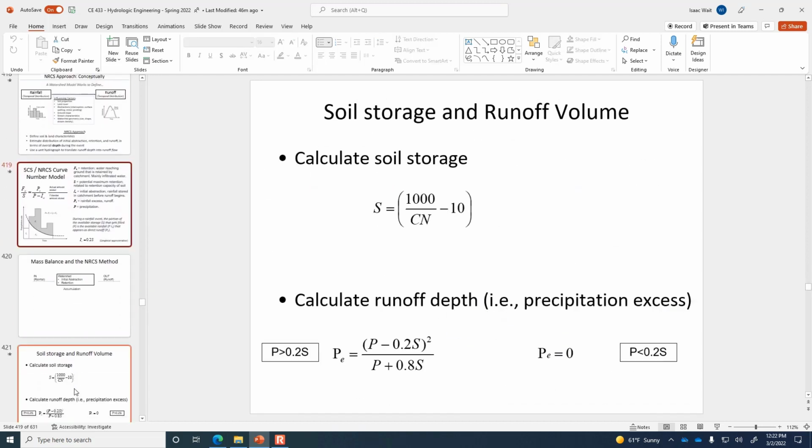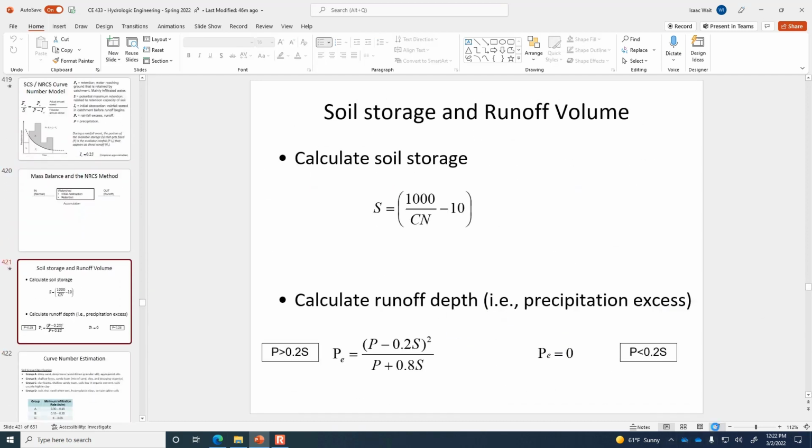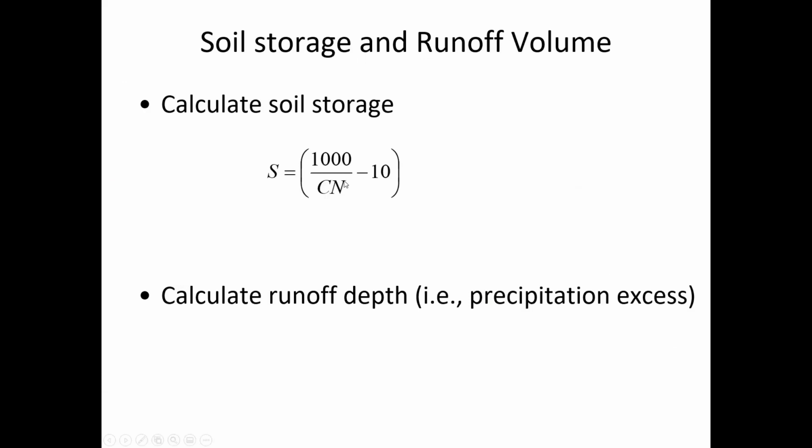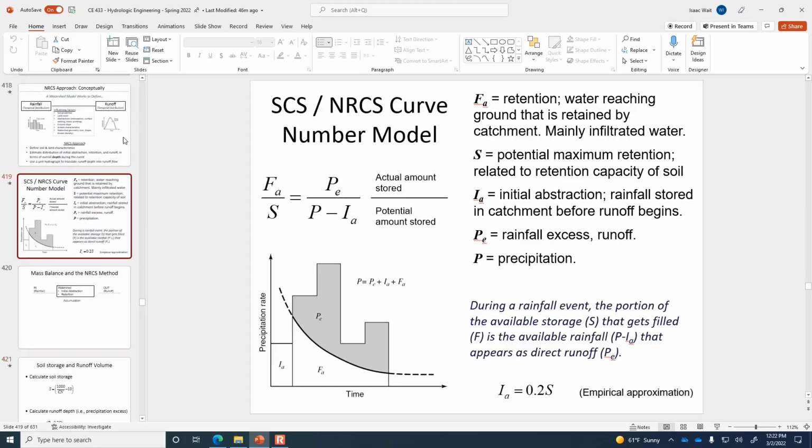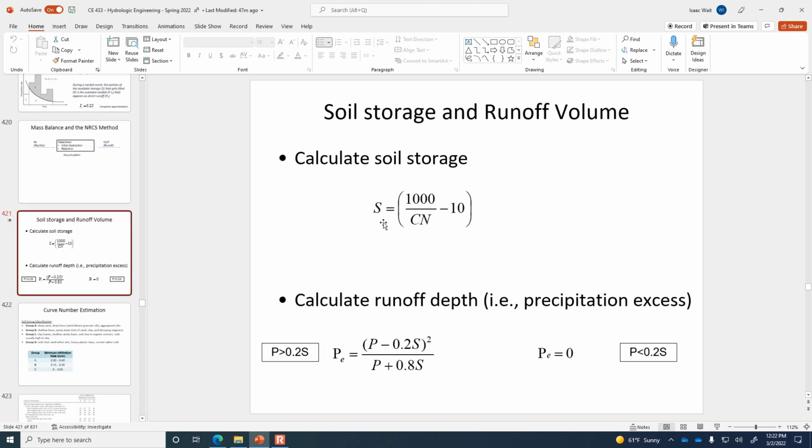It's through the curve numbers that those factors are accounted for. So you use the curve number to calculate storage, and storage has units of length. All of these terms here, F sub A, S, P sub E, P, I sub A, they all have units of length, and so does S when calculated with curve numbers.